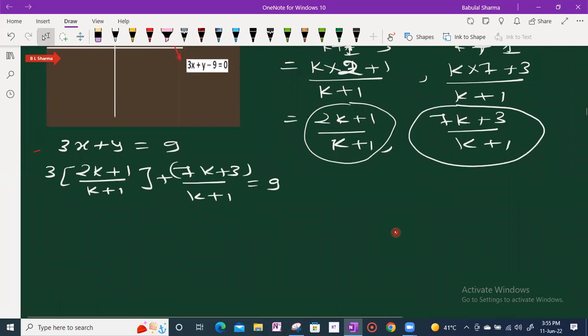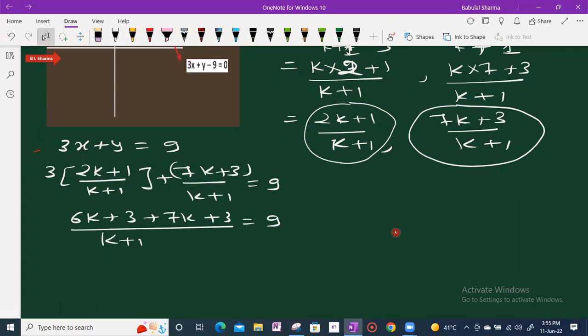Taking LCM k plus 1, that is 6k plus 3 plus 7k plus 3 is 9 times (k plus 1). On further simplification, 6k plus 7k, 13k plus 6 is equal to 9k plus 9.